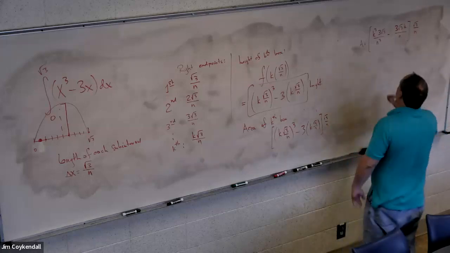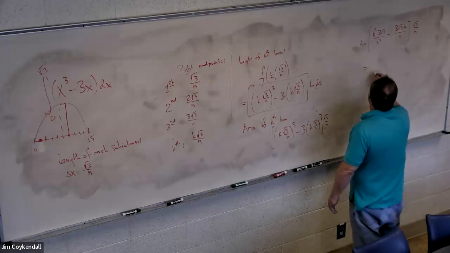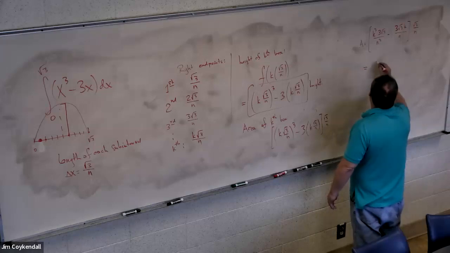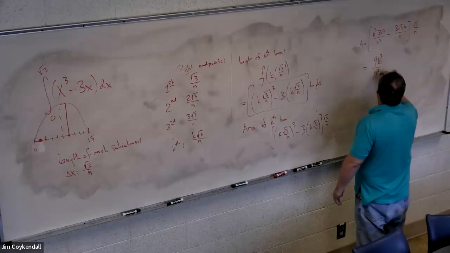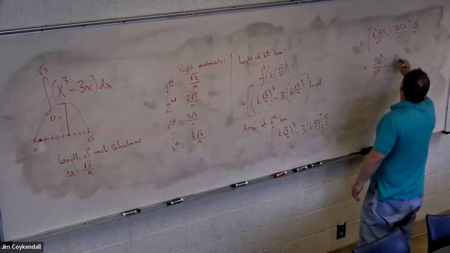So I'm going to multiply that in because it actually allows me to do some radical 3s. This is actually 9k cubed over n cubed minus 9k squared.